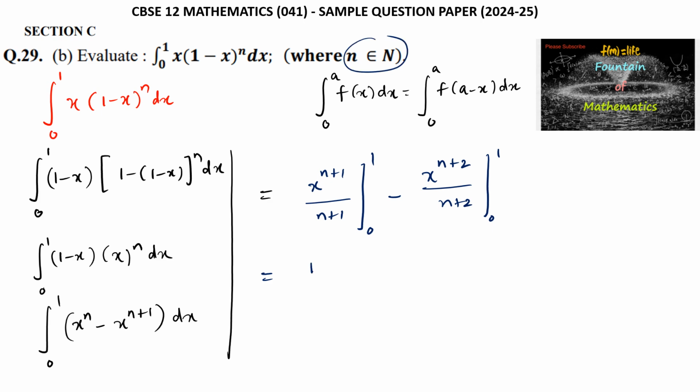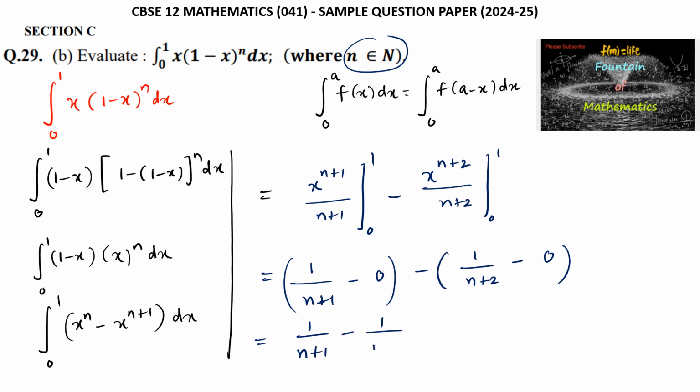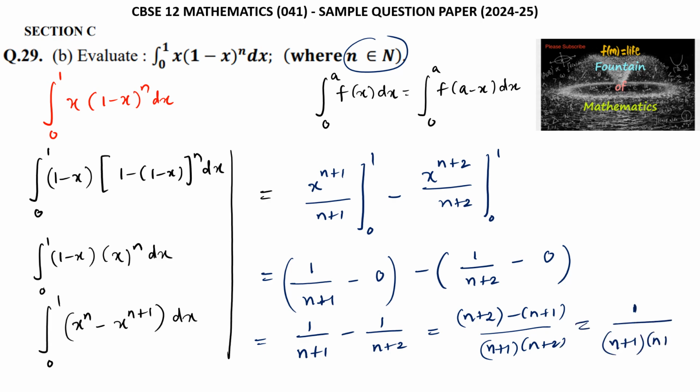Since n is a natural number, we can take it as 1 divided by n plus 1 minus 0 to the power of a finite number, which is 0, and again minus of 1 to the power of n plus 2 is 1 divided by n plus 2 minus 0 power finite value, which is 0. We get 1 upon n plus 1 minus 1 upon n plus 2, which is equal to (n plus 2 minus of n plus 1) divided by (n plus 1) into (n plus 2). So that is 2 minus 1, which is 1 upon (n plus 1) into (n plus 2), is the answer.